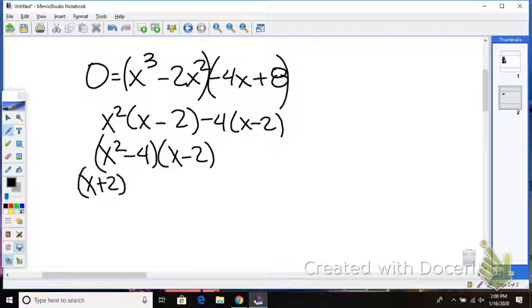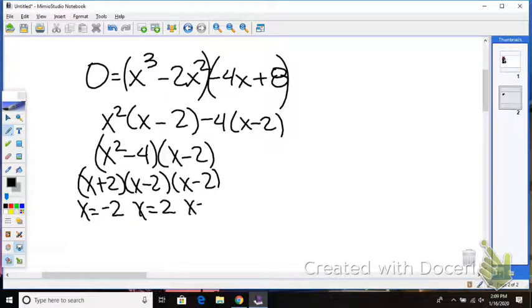So I have x plus 2, x minus 2, and x minus 2. I took an x squared out of the top. Oh, you haven't solved it to 0 yet. No, I haven't. So here I have x is equal to negative 2, x is equal to 2, and x is equal to 2.